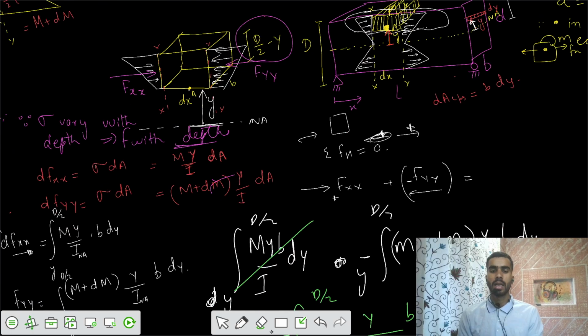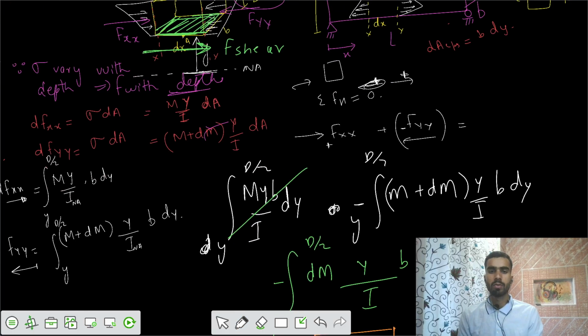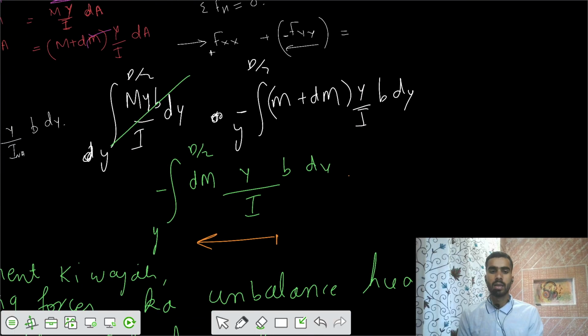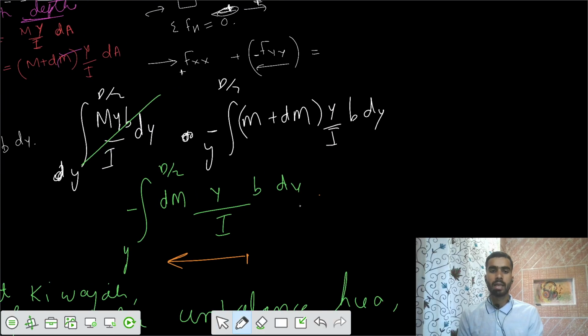There should be some horizontal shear force acting on this element on this bottom surface, in the opposite direction, such that it would balance the total force. So I can write the summation of forces Fx plus Fy plus some force F shear, and that would be equal to 0.